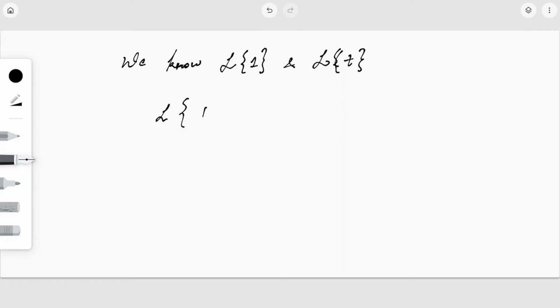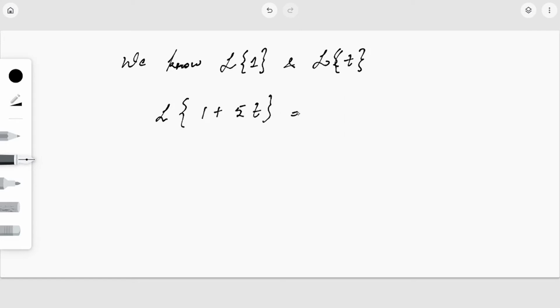Let's see, if you are asked to find, we know the Laplace transform of 1 and the Laplace transform of the polynomial function t. So we can find the Laplace transform of 1 plus 5t.